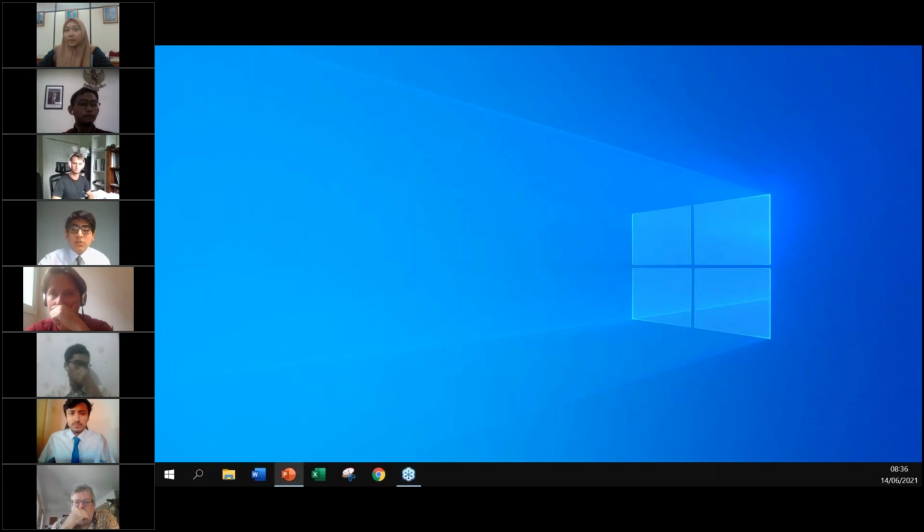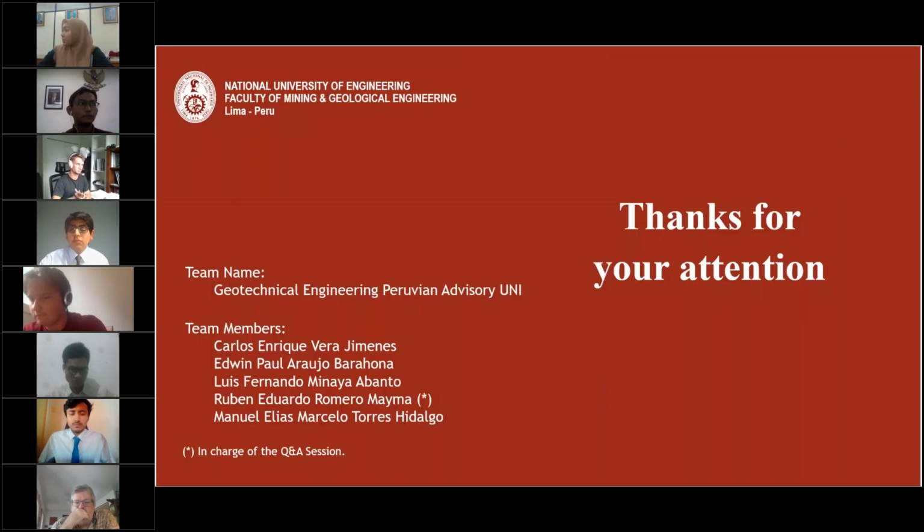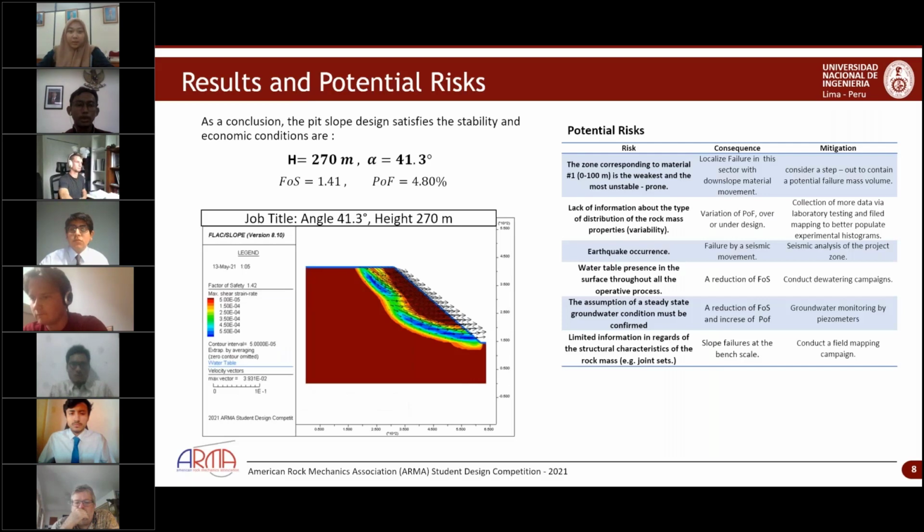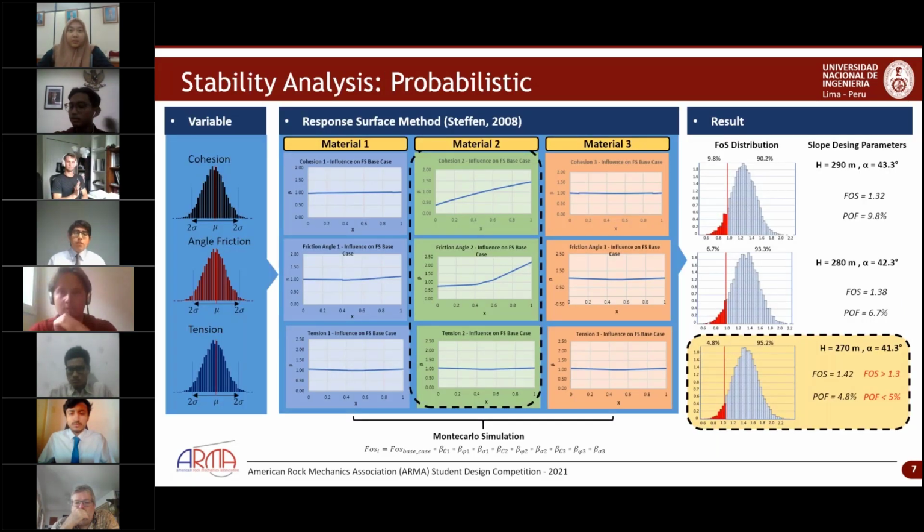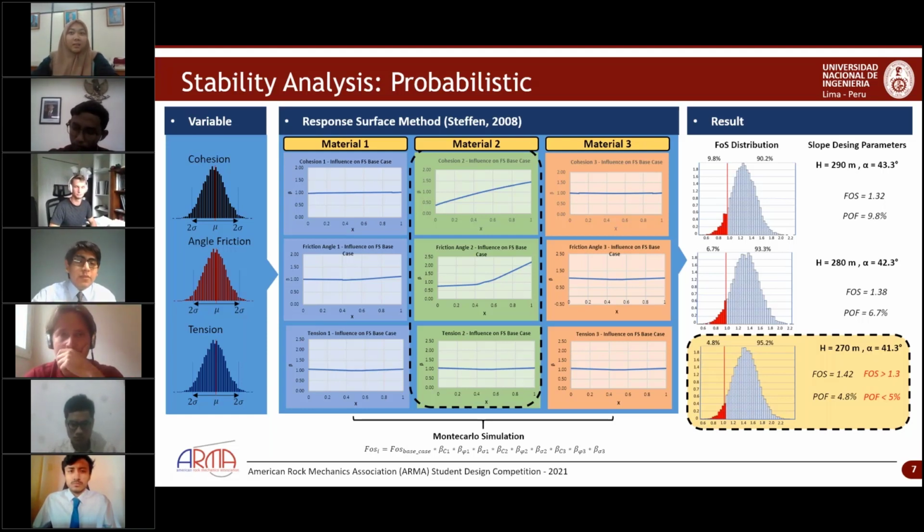For the Monte Carlo simulation, yes, in general, we considered these variables, the 3 most important, and in general, we used the Monte Carlo simulation to construct this graphic, and using these graphics to obtain the probability of failure.